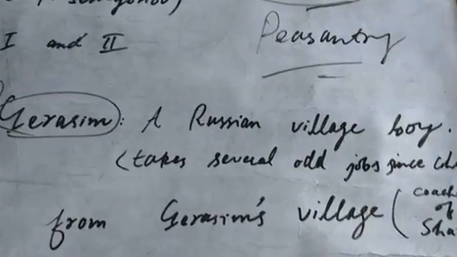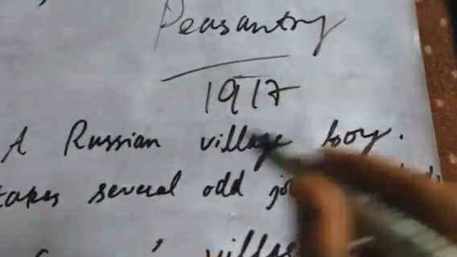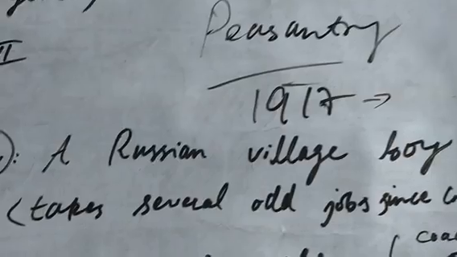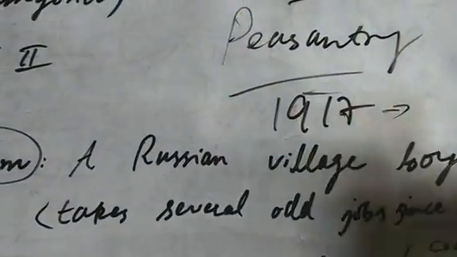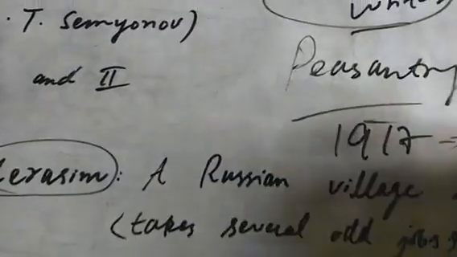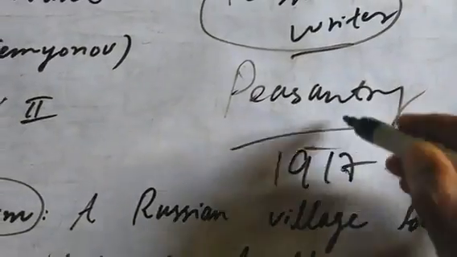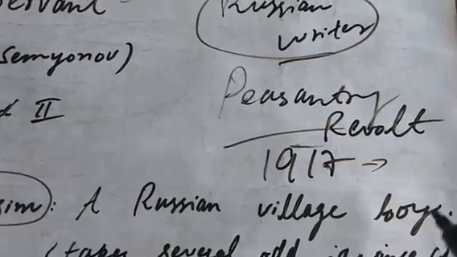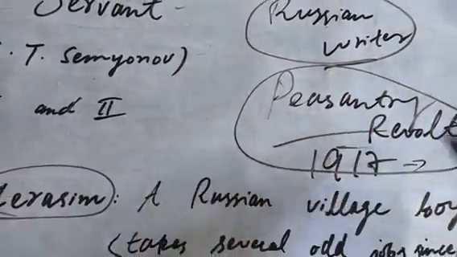That is what happened later in Russia in 1917. Remember the date. In 1917, an important event took place in Russia, that was the peasantry revolt. Why so?